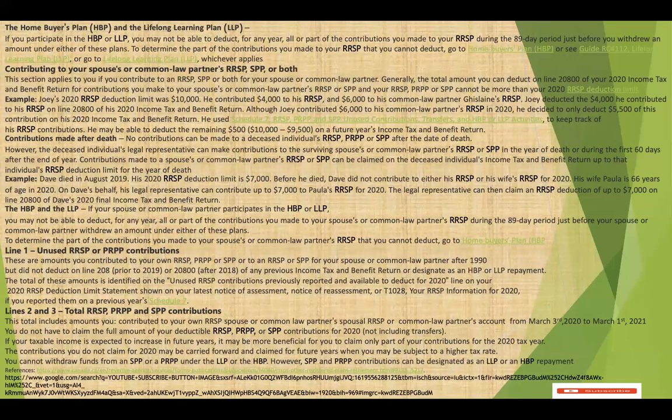On lines 2 and 3, the total RRSP, PRPP, and SPP contributions made to your own RRSP or your spouse's or common-law partner's, from March 3rd to March 1st, 2021, you can claim on your 2020 tax return.